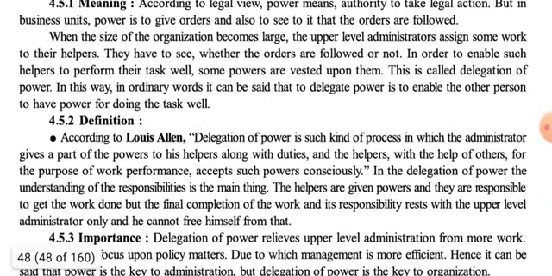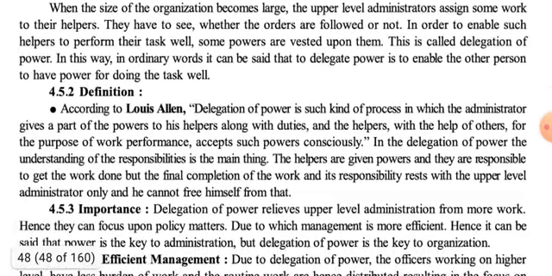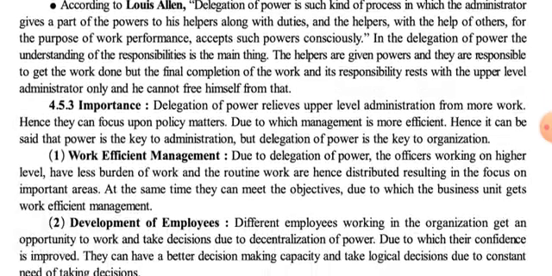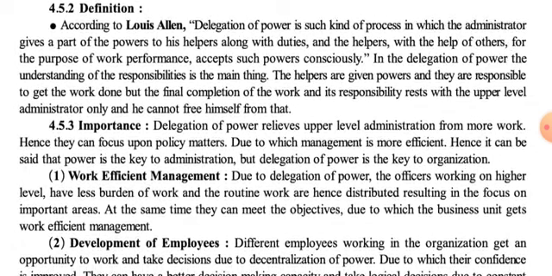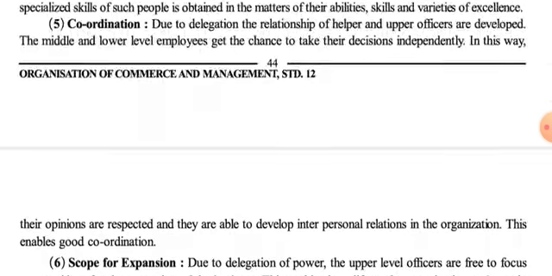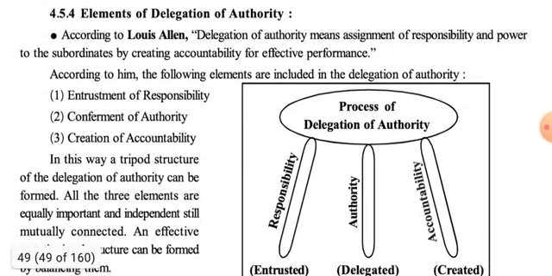While in the previous session we discussed the definition of delegation of power. See here in point number 4.5.2, the definition given, according to Louis Allen, is the definition of delegation of power. While today we are going to discuss the definition of delegation of authority and not the power.